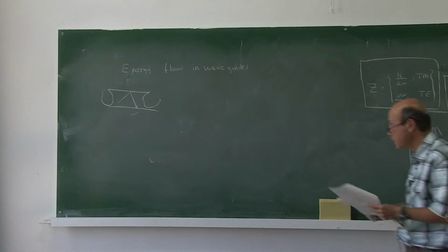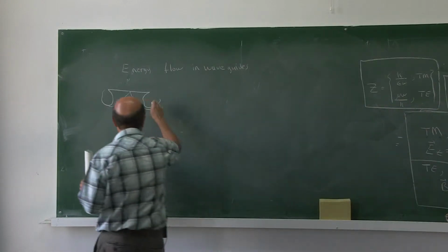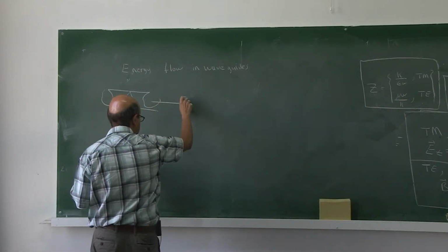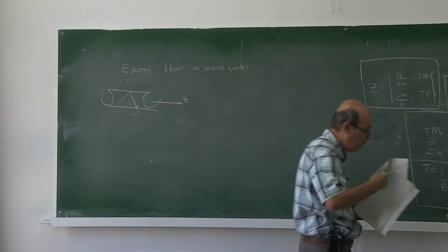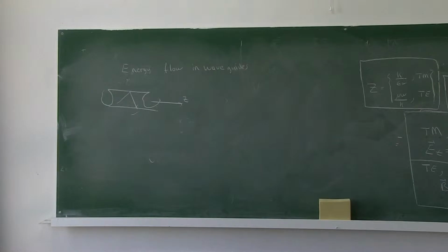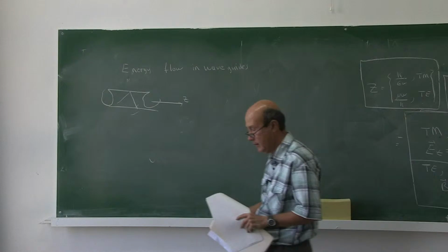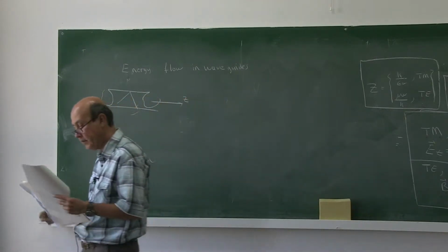So I will show you how we can calculate the transmitted power. Let me tell you again, this power is transmitted at the group velocity of the waveguide. And I will discuss the attenuation or extinction coefficient next time.